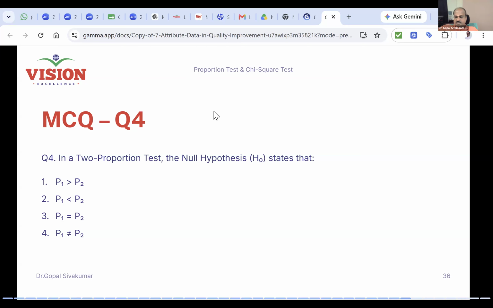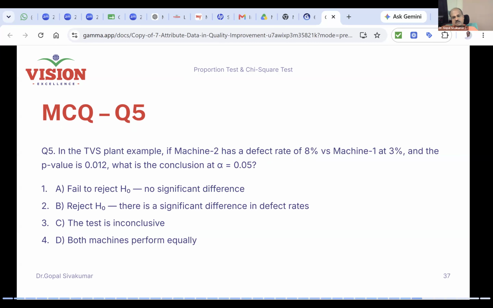Very good. In the example, machine 2 has a defect rate of 8%, machine 1 has a defect rate of 3%, and the p value is 0.012. What is the conclusion at alpha equal to 0.05? P value is less than 0.05.